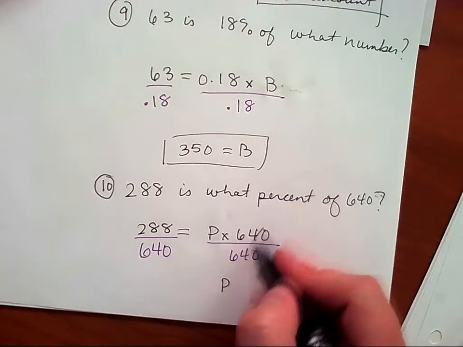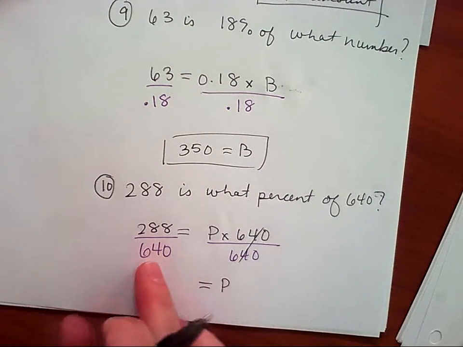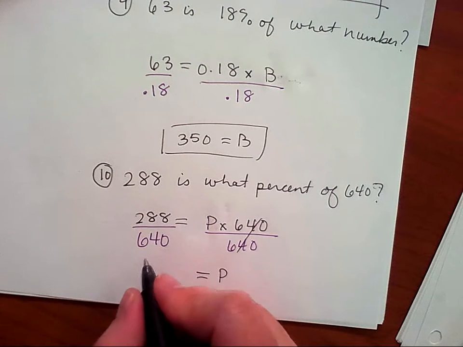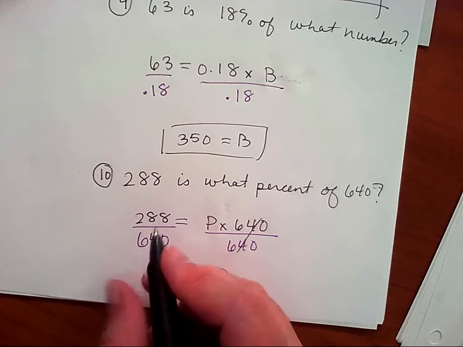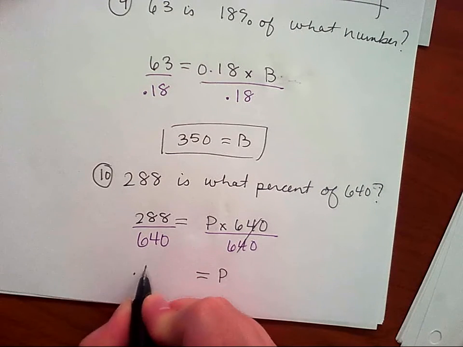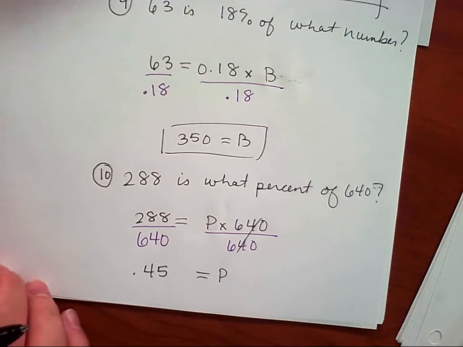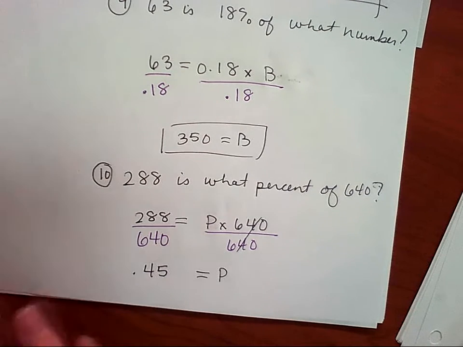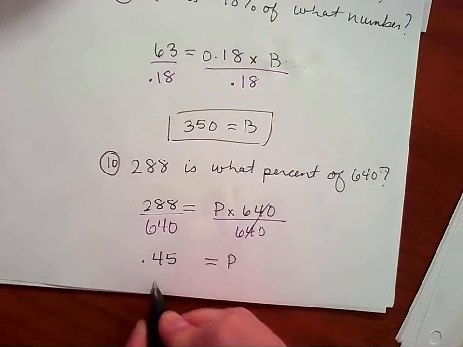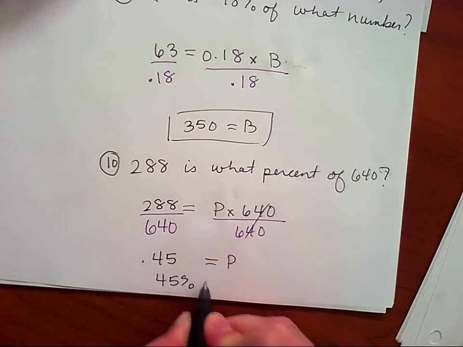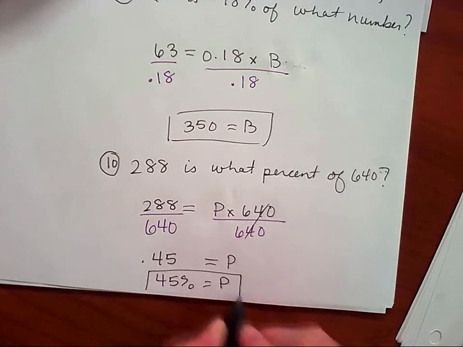And I get P, because 640 over 640 equals 1. Okay, so what's this? 0.45. That's what you got, right? Yes. Okay, it says what percent, not what decimal though, right? So it's 45%. So make sure you're actually answering the question, right?